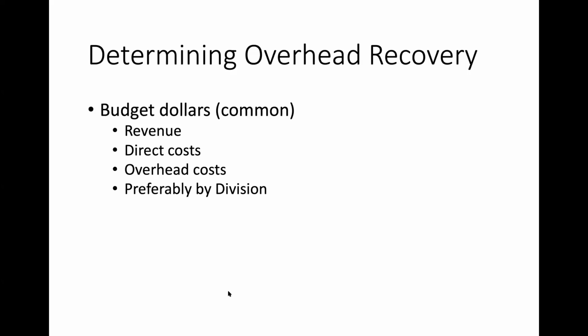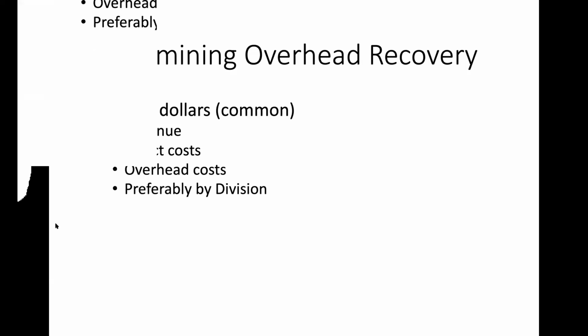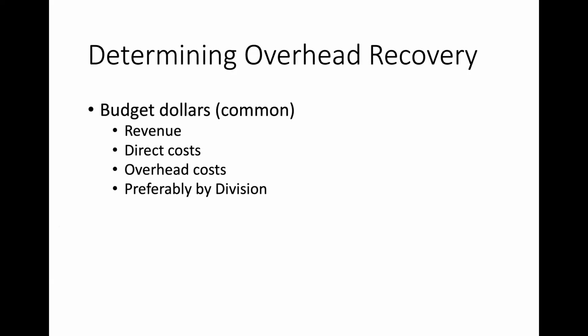All right, so let me talk about how we determine overhead recovery. One way, as Kevin alluded to earlier, is to use dollars, and if we use dollars, we budget our dollars of revenue, direct costs, and overhead costs, preferably by division.